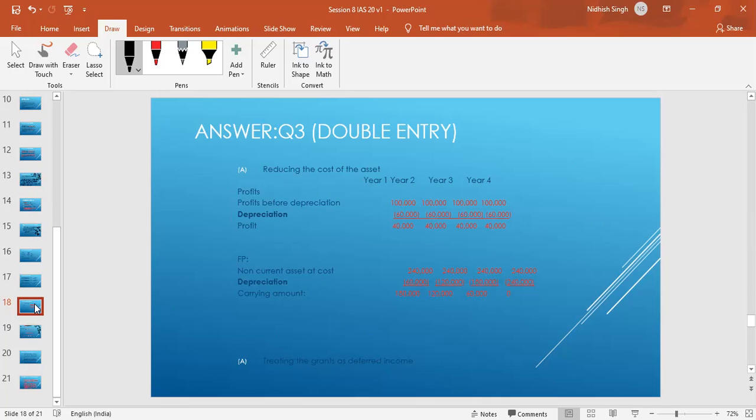No, definitely we can choose the income approach. No, I think the first method where we are showing the complete disclosure, I think, Nidhish, because if shareholders or someone, we are showing 100% disclosure, like we are having the assets of this price and we are getting a grant of this one, and we are doing a proper accounting entry.